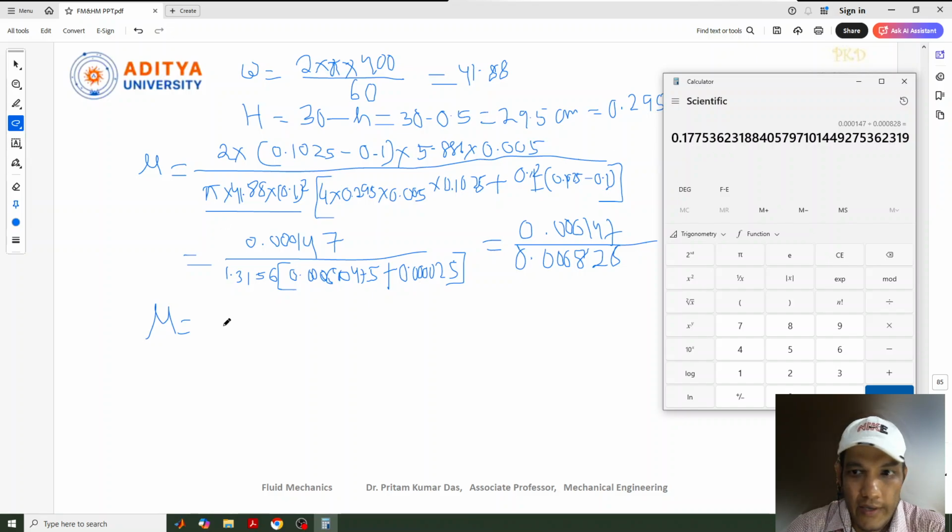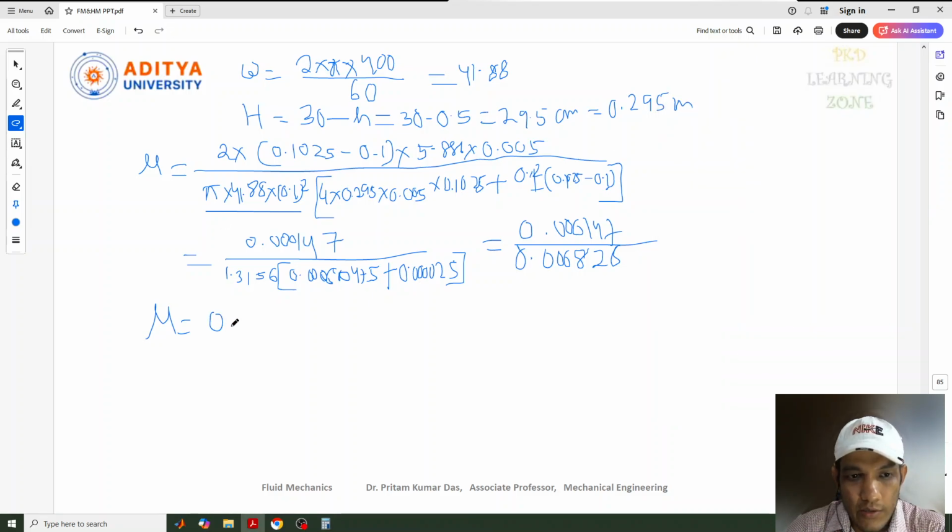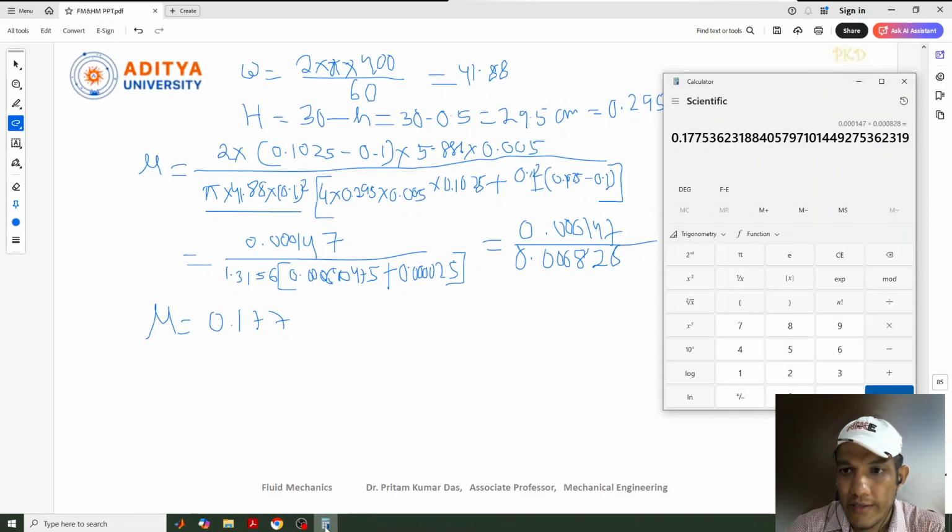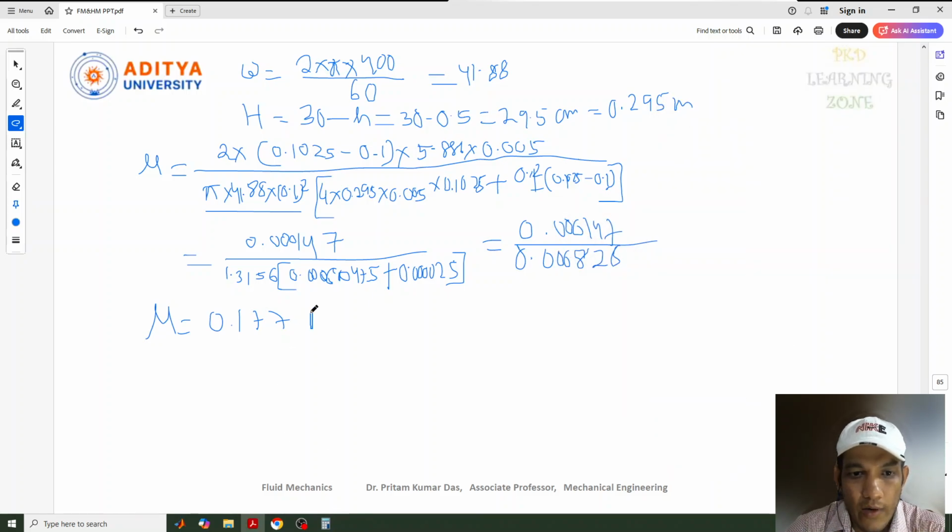You can write 0.177 or some value here. This is the value we got, this much Newton second per meter square. Again we can convert into poise. If you want to convert to poise, we just need to multiply by 10, so we get the value of 1.77 poise.